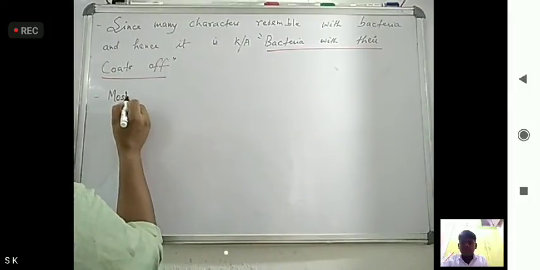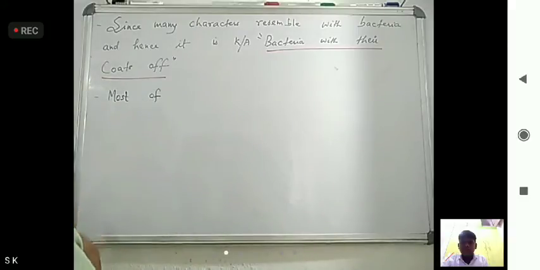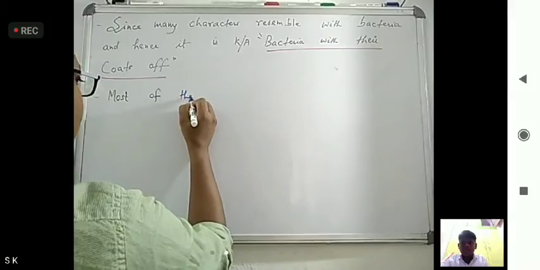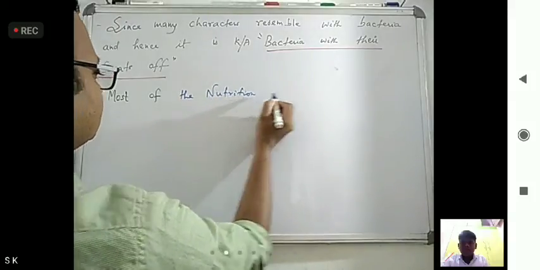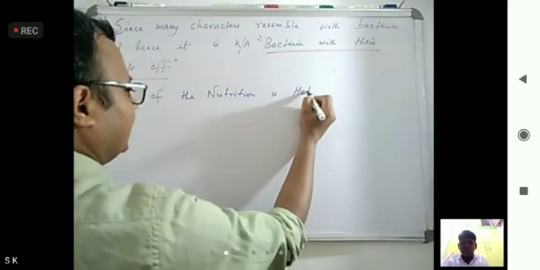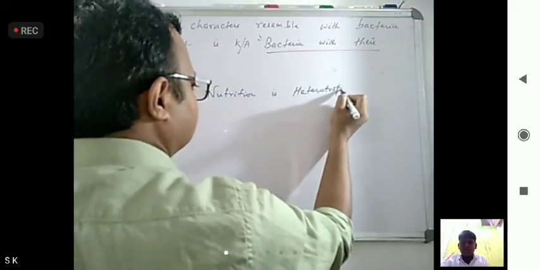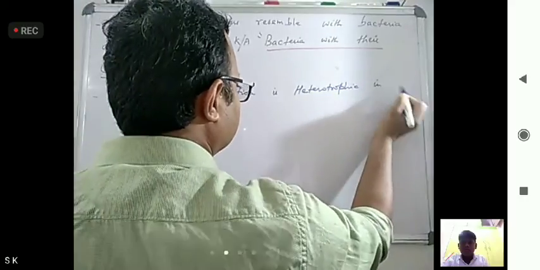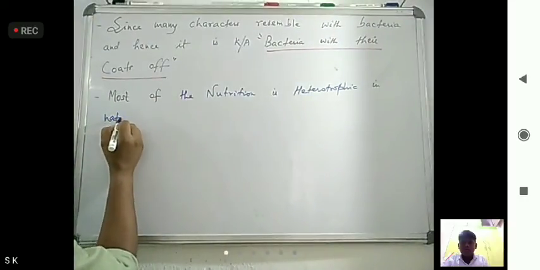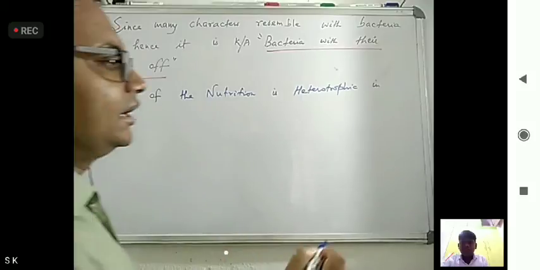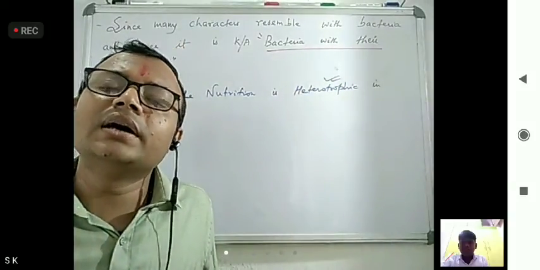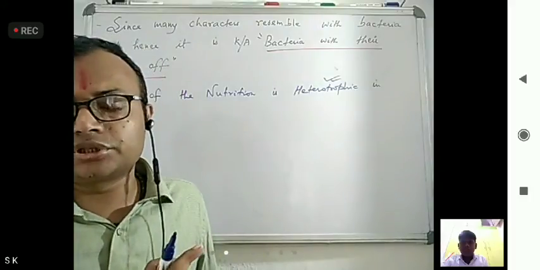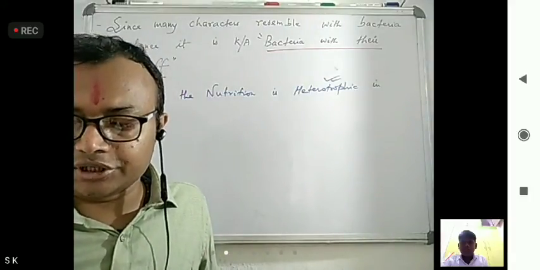Most of the nutrition is heterotrophic in nature. Okay, mostly they are having what? Heterotrophic means they depend on others for their food, so mostly they are heterotrophic in nature.